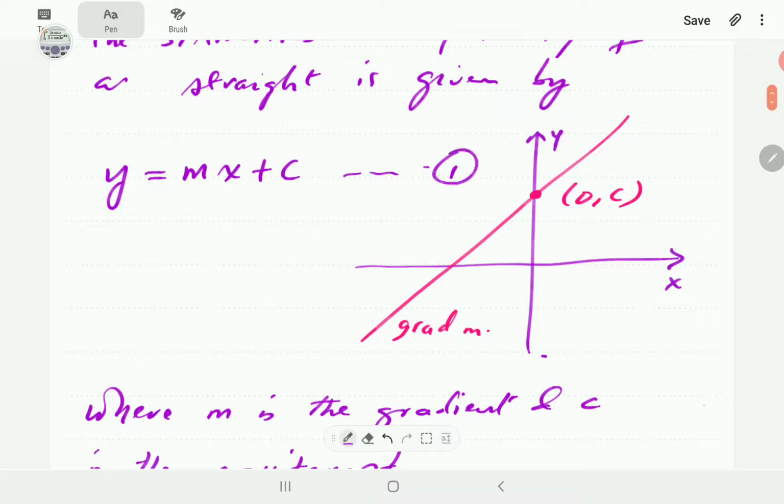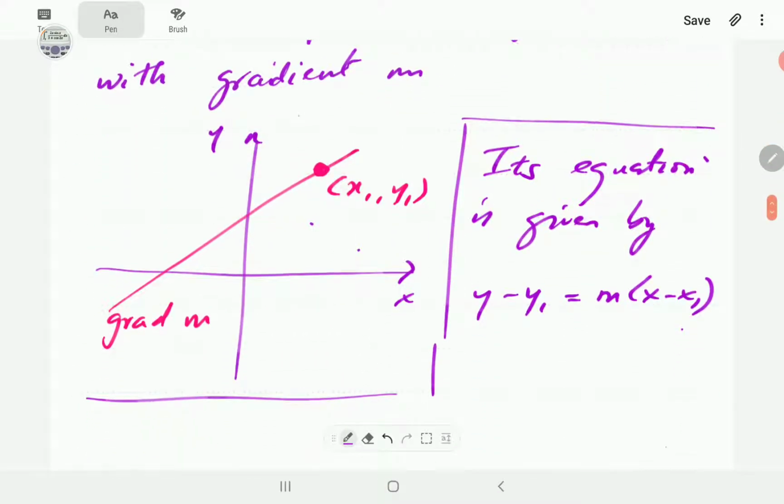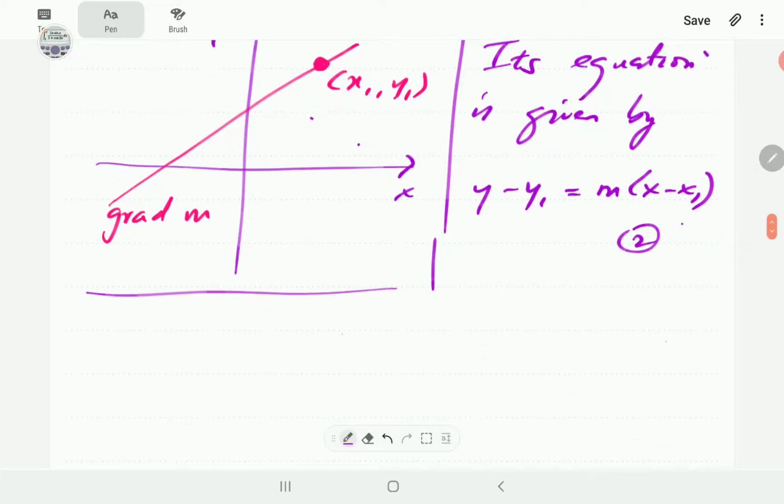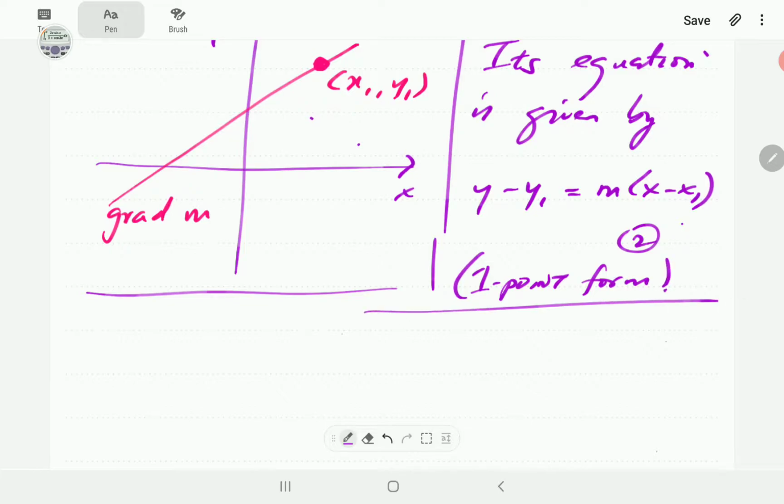Let's call this equation 1, and the previous one is going to be equation 2. This equation is called the 1-point form of the equation of a straight line.